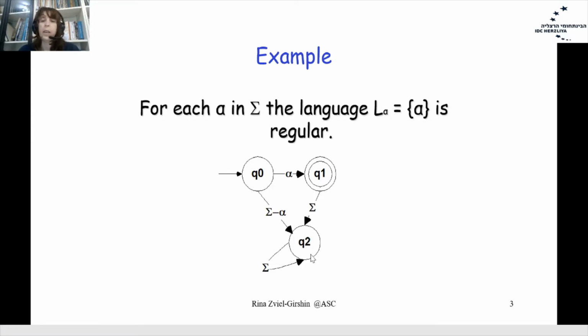I cannot go out from the state. If we get to Q2, there is no way to get out of Q2. In Q1, after reading the single letter A, for the rest of the letters, we continue to Q2. So basically, here we have a deterministic finite automaton that accepts L_A.